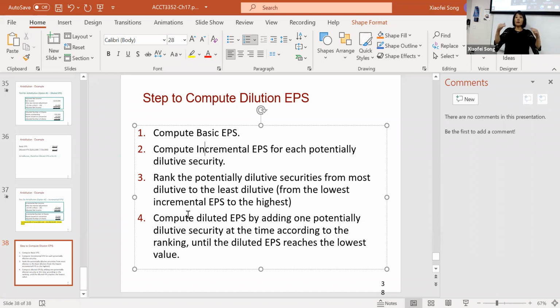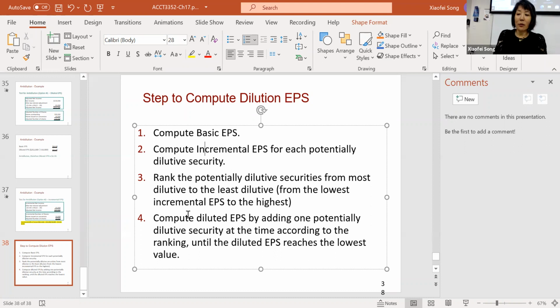If you include more, the earning per share will be less diluted, so all the ones ranked below that will be anti-dilutive and will not be included in your computation of earnings per share. Okay, I think I'm going to stop here today because we covered everything.